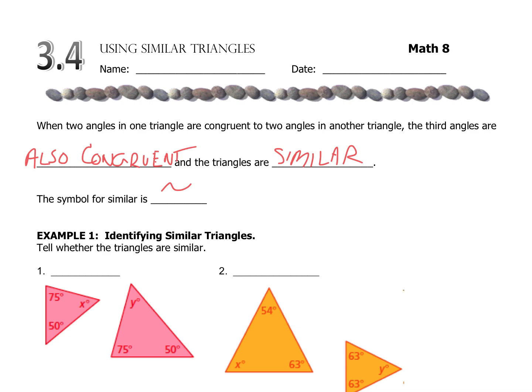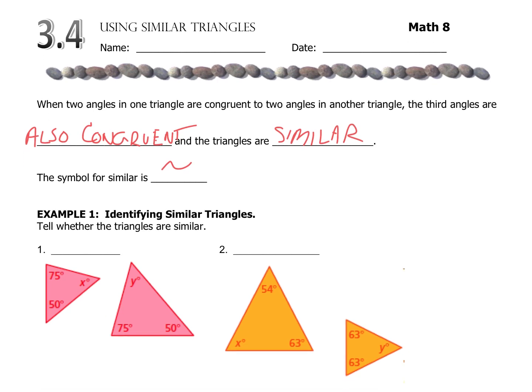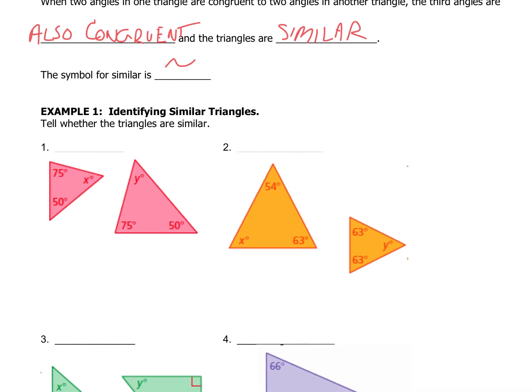So, identifying similar triangles. If I look at, for example, the first triangles and their angles, the 75 here in the little triangle matches the 75 for the bigger triangle.